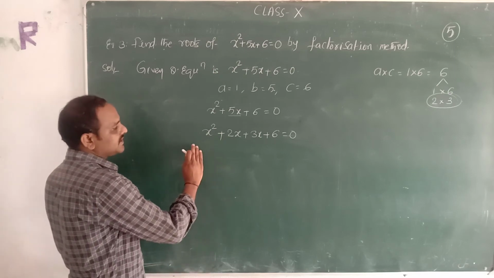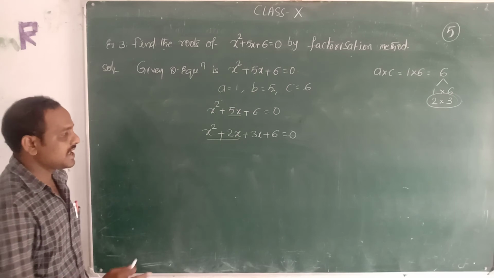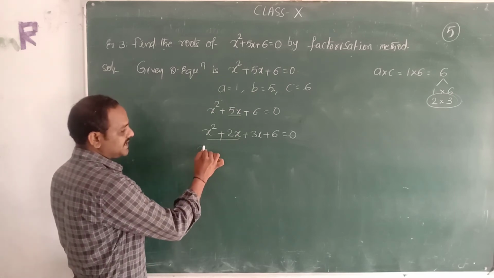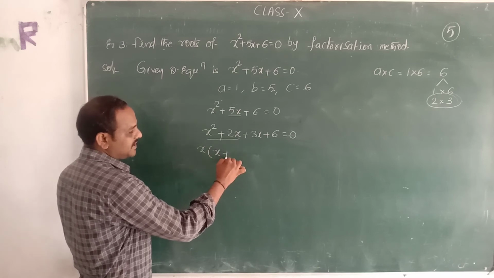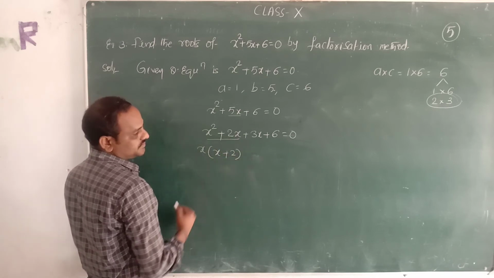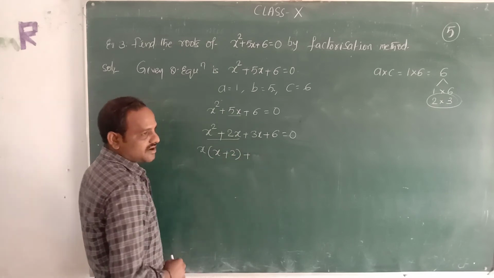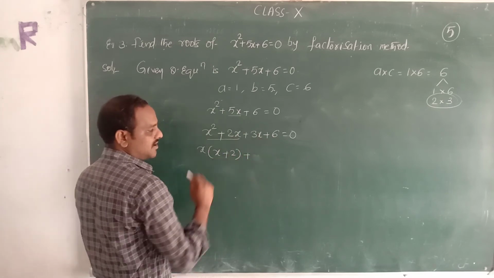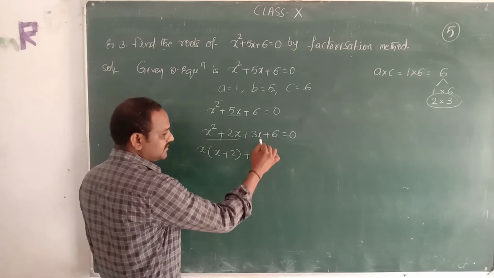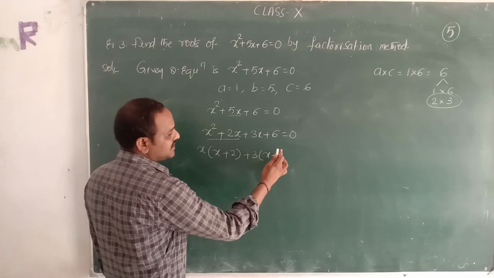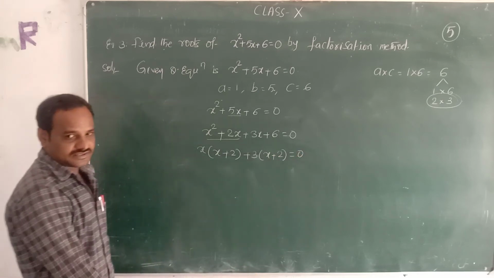So now from the first two terms, which one is common? x is common. By taking x as common, what are the remaining terms here? x plus 2. Now from these two terms, which one is common? 3 is common. By taking plus 3 as common, the remaining terms here are x plus 2, since 3 twos are 6, is equal to 0.